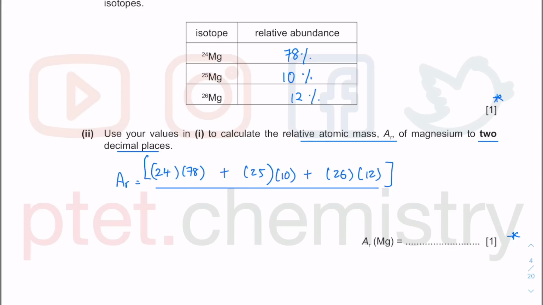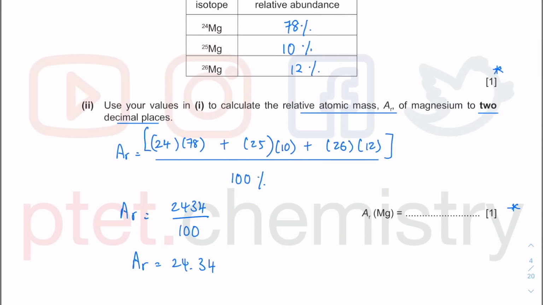Make sure you use brackets to be careful. Divide that by 100%. What you will get is 24 times 78 plus 25 times 10 plus 26 times 12. You get 2434, and you divide that by 100%. So you get 24.34 on your calculator, which is exactly 2 decimal places, so I'll just leave it as it is.